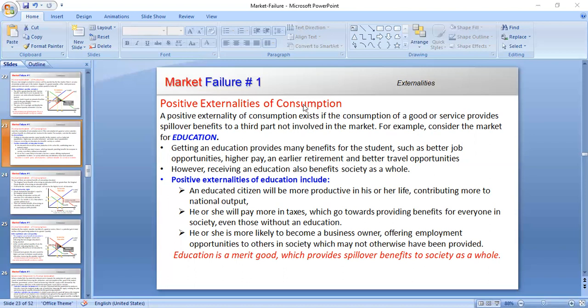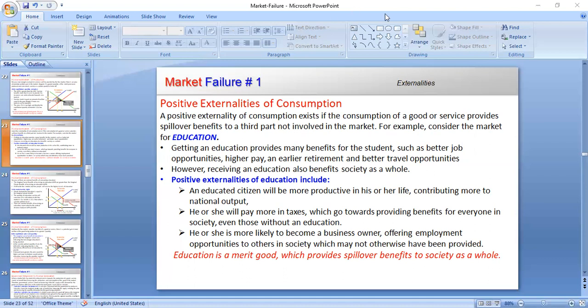I think after looking at a positive externality in consumption, it is going to help us really understand why positive externalities are undersupplied in the market. So let us look at positive externality in consumption. An example of a positive externality in consumption is education.